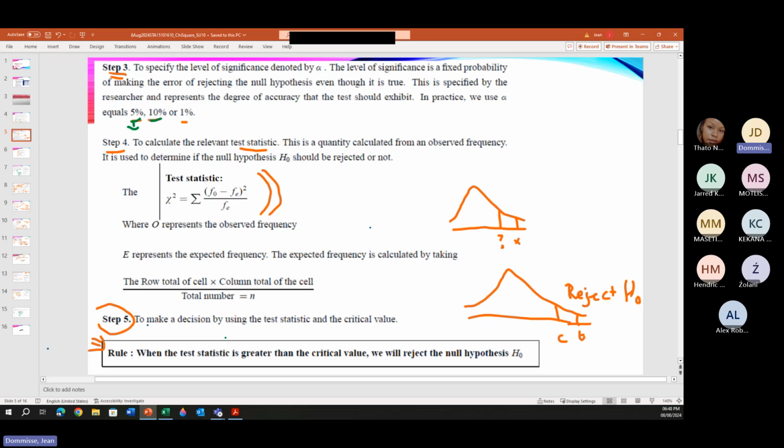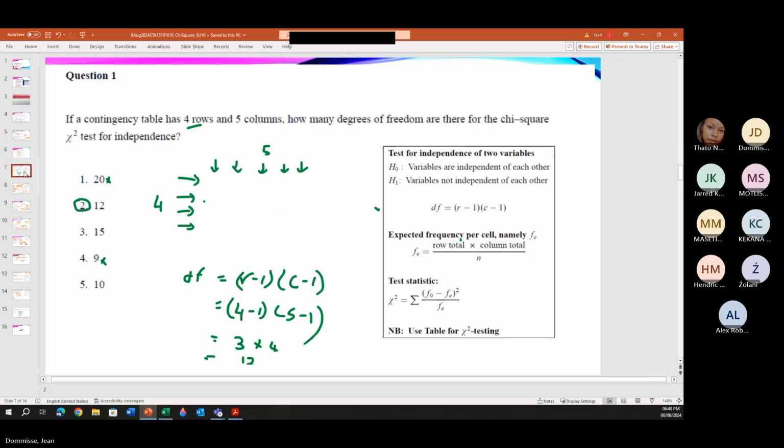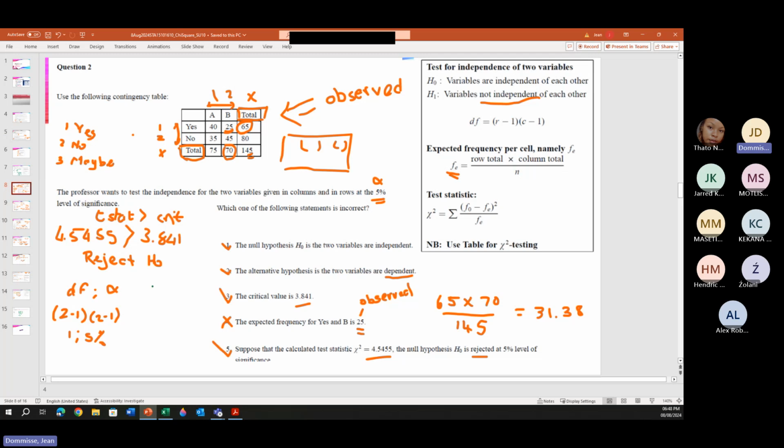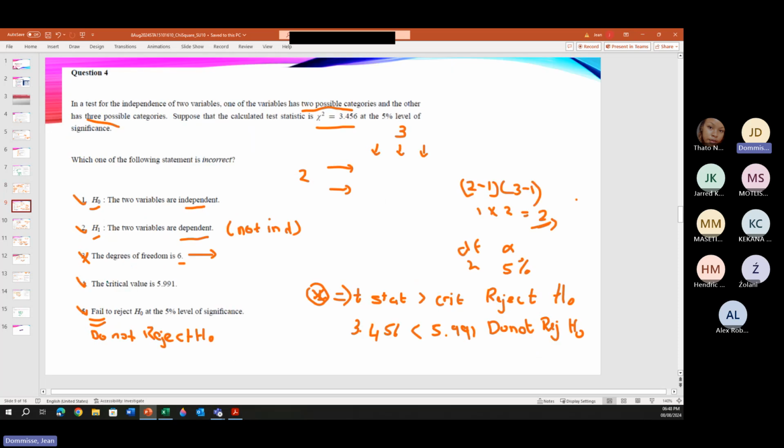Okay, most of the time, as you would have seen tonight, they give us the critical value sometimes. They give us the t-stat, and then you need to make a decision on the hypothesis, whether you're going to reject it or not. Yes, sometimes they tell us again, so there they told us the critical value.